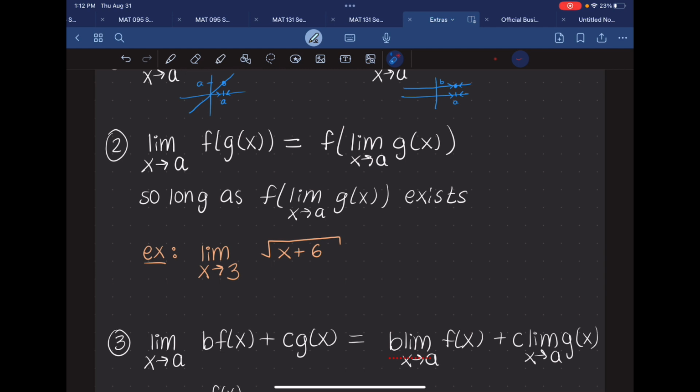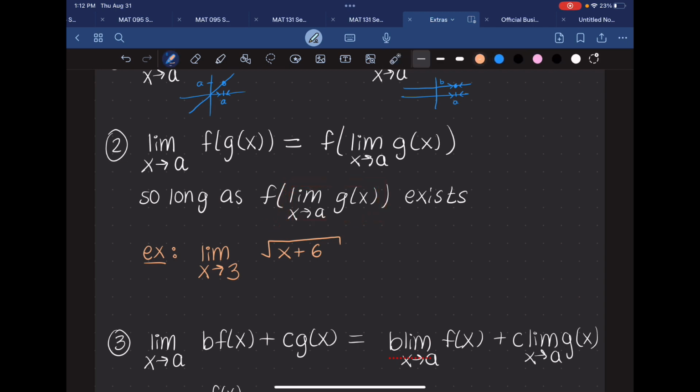Then I can pull the limit into the function composition. The limit as x goes to a of f of g of x is equal to f of the limit as x goes to a of g of x, so long as f of whatever that number ends up being inside exists.